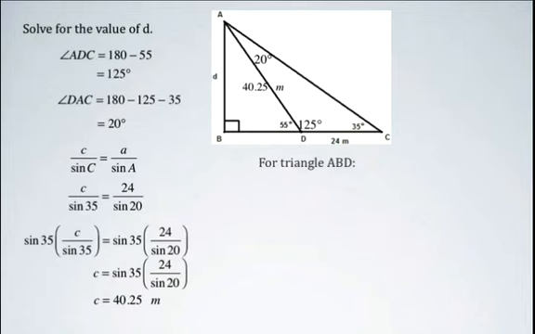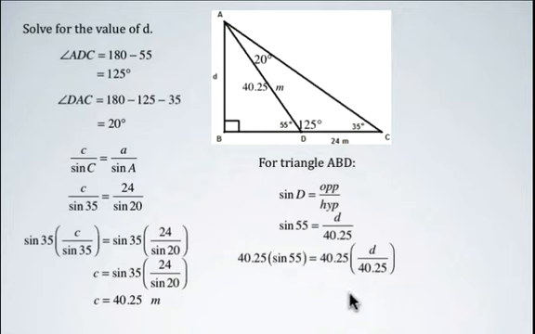So we're going to use, for triangle ABD, sine of angle D is equal to opposite over hypotenuse. And so when we sub in, sine of 55 is equal to, the opposite side is D, and the hypotenuse, the side opposite the right angle, is 40.25.